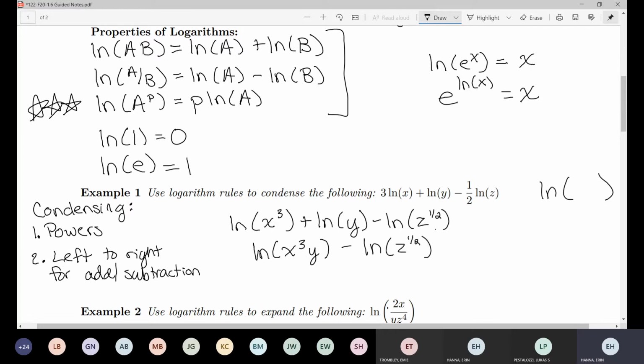If you get really good at these, you can do them all in one step, or jump around. But if you've never seen this before, or you're super rusty, just take it one step at a time. Now we have natural log of x cubed y minus natural log of z to the 1/2. Well, if we have subtraction, then we can bring it together into one log where we divide the things that were inside the logarithms. So we end up here.